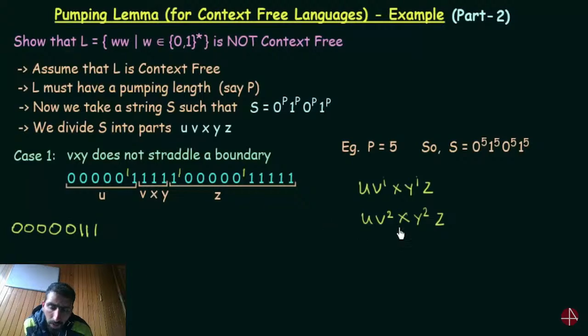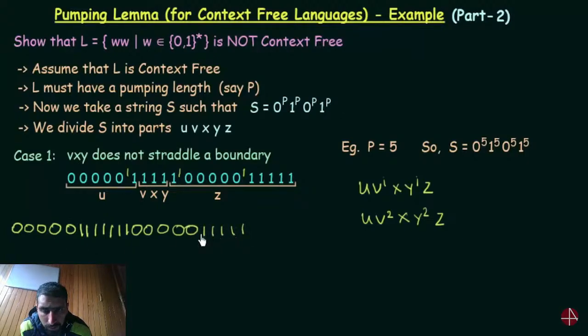Then I have my X, and X has to be written as it is, and X is this one over here. So I have my 1. Then I have my Y, which is raised to the power of 2. And this one over here is my Y. And since it is raised to the power of 2, I have to write it twice. 1 1. Alright. And then we have our Z. And what is Z? From this one, the remaining things are all Z. So let me write it down. 1. And then 5 zeros. 1 2 3 4 5. Followed by 5 ones. 1 2 3 4 5.